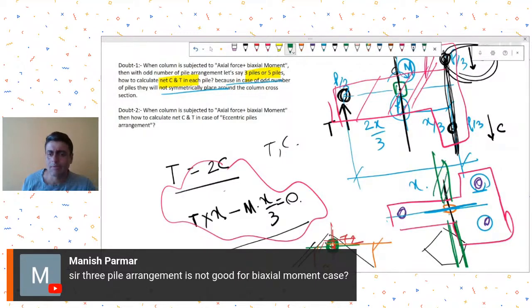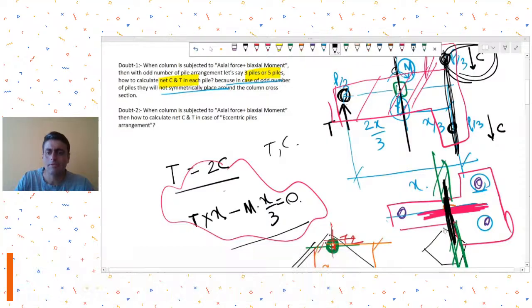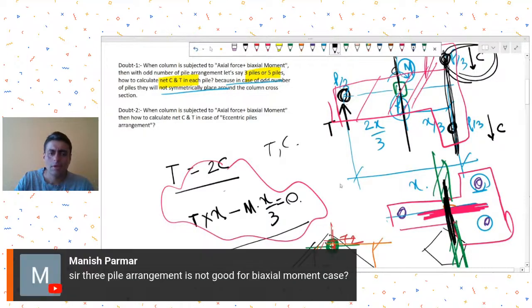Then these green beams will help you to take moment about the magenta line that I've drawn, and about the black line, you have the piles to take care. So then you will have to integrate it with tie beams like this. Otherwise, as you correctly pointed out, a three pile cap arrangement may not be very good to take the moment about the pink axis. Okay, good.